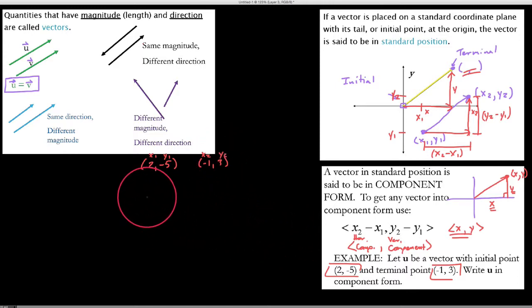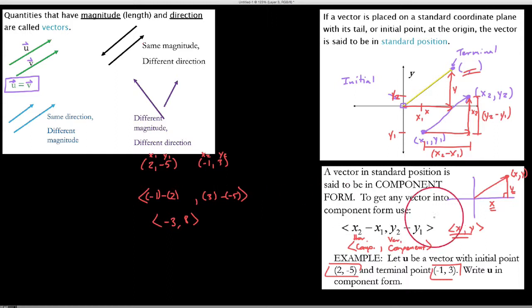And if we want to put this in component form, it is the change in x values, comma, the change in y values. So for the change in x values, we have x2 minus x1. I could represent this with parentheses here. And then y2, which is 3, minus y1, which is -5. We get this component form here of (-3, comma, and this would be plus a positive 8).